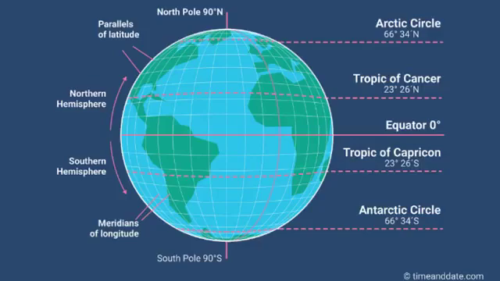For example, a place with a latitude of 45 degrees north is located in the northern hemisphere midway between the equator and the North Pole. A place with a latitude of 60 degrees north is further north. There are 180 degrees of latitude in all, and there are 90 degrees of latitude in the northern hemisphere and 90 degrees of latitude in the southern hemisphere.